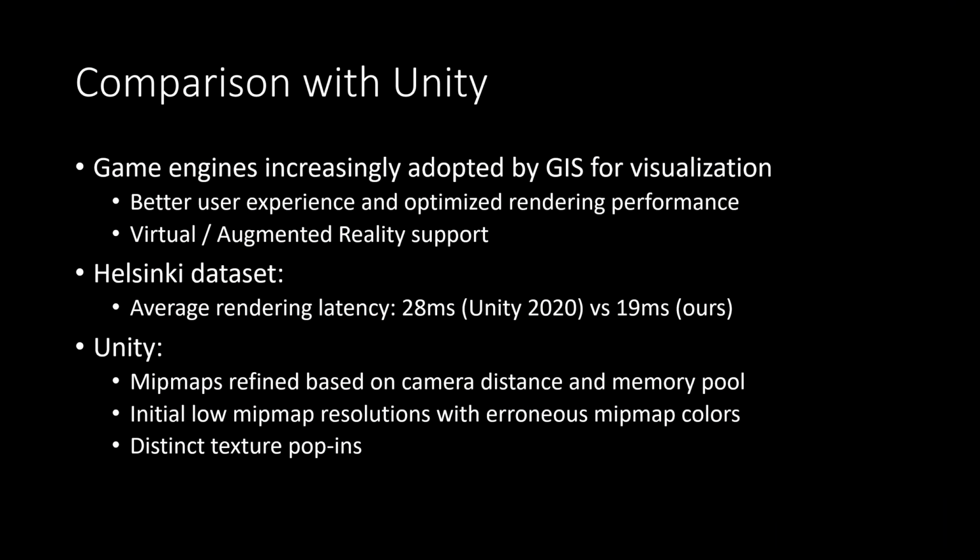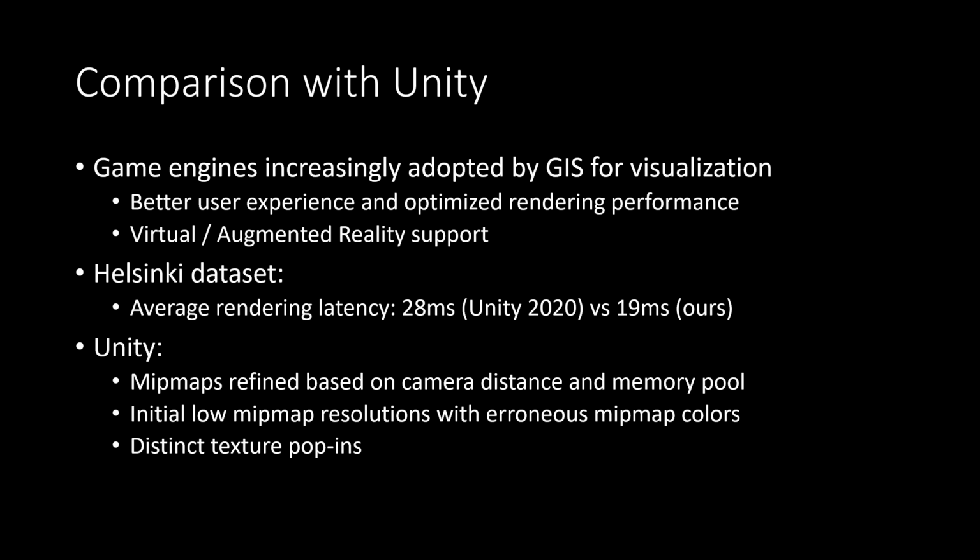We also compare our texture streaming system with Unity's because game engines are increasingly adopted for GIS purposes. These game engines provide better user experience and optimized rendering performance. They also have support for virtual and augmented reality development.